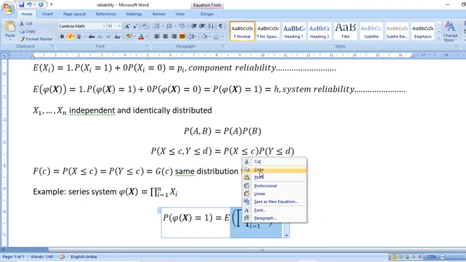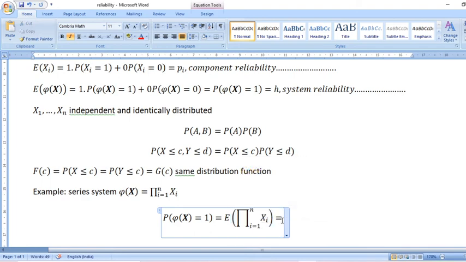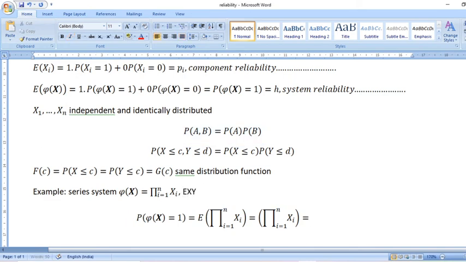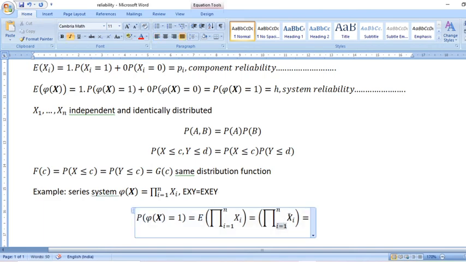Okay. So what will be the result? You know the result. Expectation of xy equal to expectation of x into expectation of y if x and y are independent. So that argument can be applied here and we can write like this.